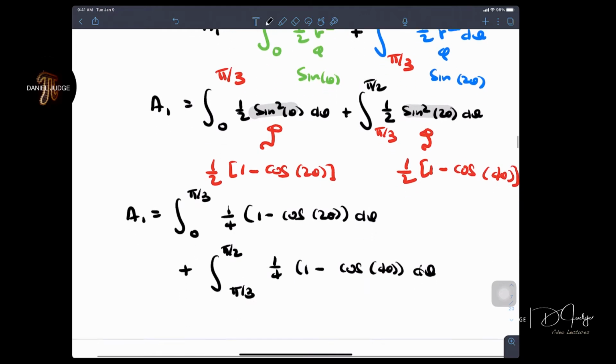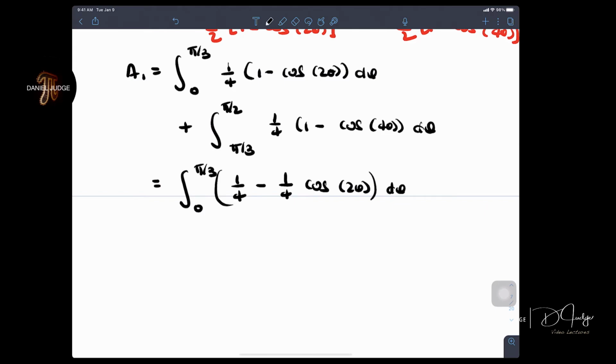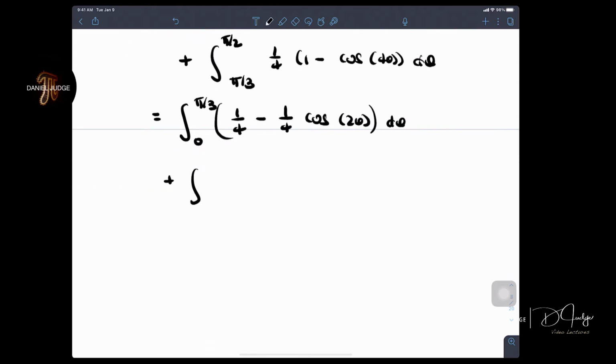So ladies and gentlemen, you're going to have to do these actually separately, just so you know. Integral 0 to pi over 3, we can say 1/4 minus 1/4 cosine 2 theta d theta, plus integral pi over 3 to pi over 2, 1/4 minus 1/4 cosine 4 theta d theta.